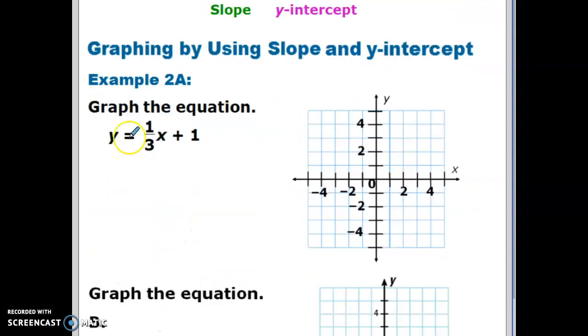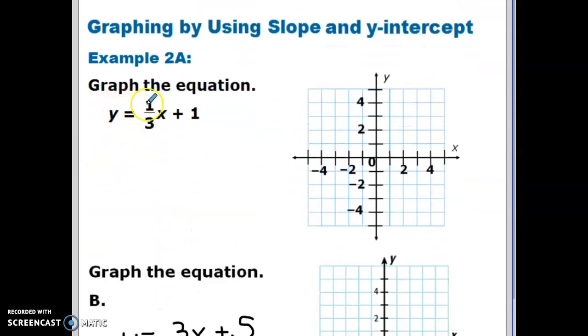So here I have an equation. It is y equals 1/3 x plus 1. So you're going to start here at the y-intercept, and the y-intercept is +1 because it says +1. So I go to the y-axis, which is right here, and put a dot on the y-axis at +1. Okay?